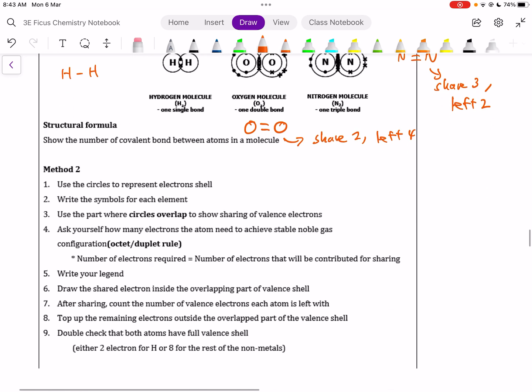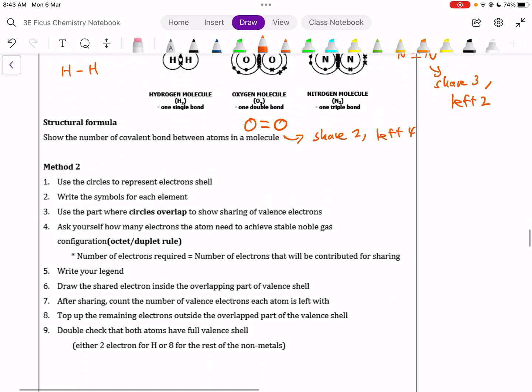But for the start, I'm going to use method 2. It's very guided, I would say. Use the circles to represent the electron shells, write the symbols, then use the part where the circles overlap to show the number of shared electrons. The number of electrons required equals the number of electrons that will be contributed for sharing.